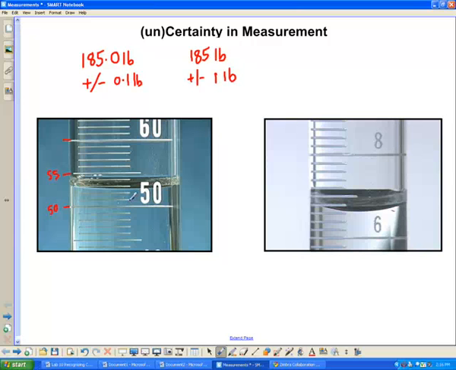I can say, well, that's 51, that's 52, and if that line is 53, can everybody see that the meniscus here, the lowest point of the level of water, is between 52 and 53. So that means my value is going to be between 52 and 53 mL, which also means that my answer is going to be 52 point something.